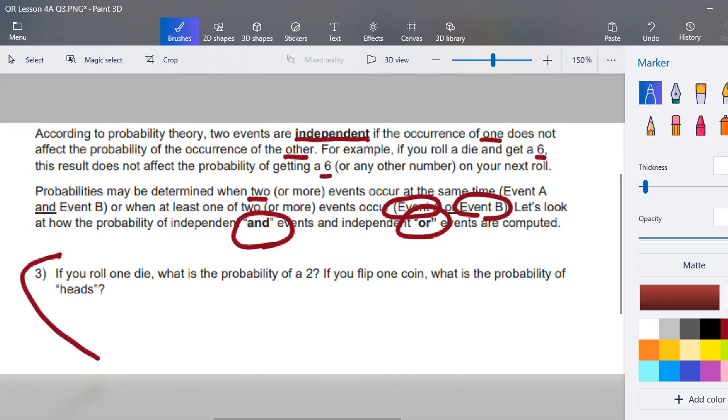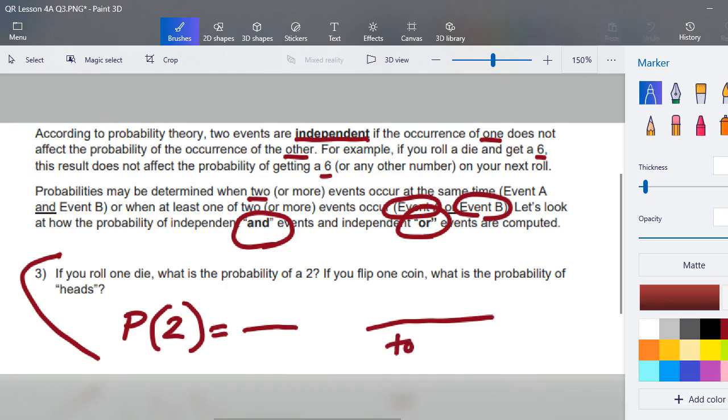If you roll one die, what is the probability of getting a 2? So we're going to start a little bit of notation here, probability of getting a 2. We're going to write this as a fraction, a ratio. The probability is going to include the numerator stating the event that we want to occur, that it happened or it's going to happen, out of the total number of events.